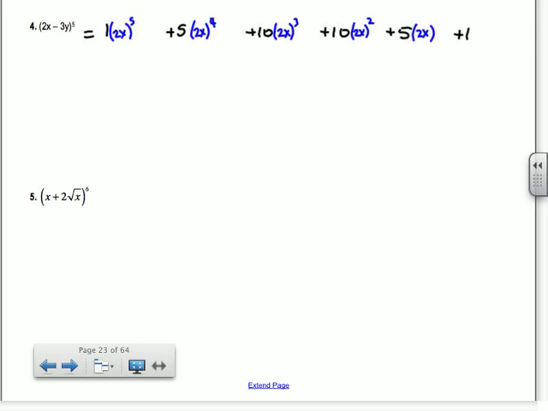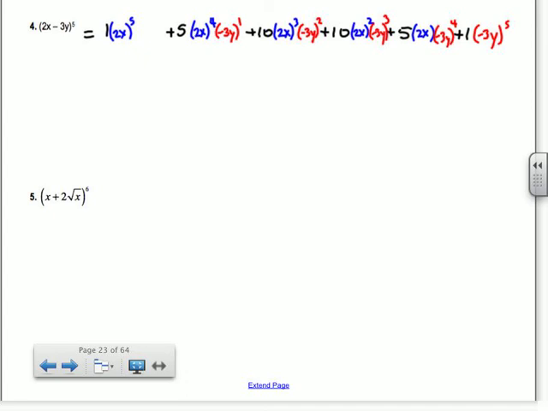Negative 3y is your b value, so negative 3y, no times on the first one, 1 time on the next, 2 times on the next, and 3 times, 4 times, see I ran out of room, 5 times. You can always use 2 lines too if you need to. All right, so go slowly through it.